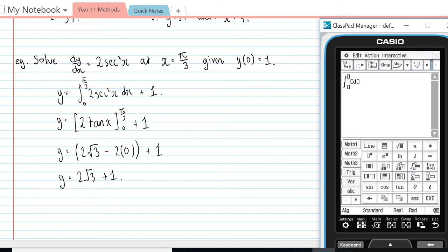If I just do the antiderivative between 0 and pi on 3 of 2 over cos x all squared, and then add 1 onto it, we get our 2 root 3 plus 1. Of course, we could use the differential equation solver again, but either way.